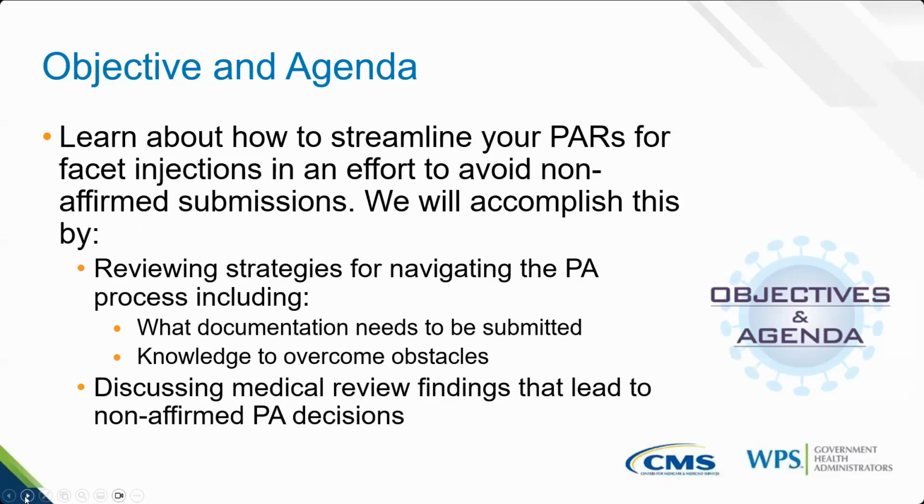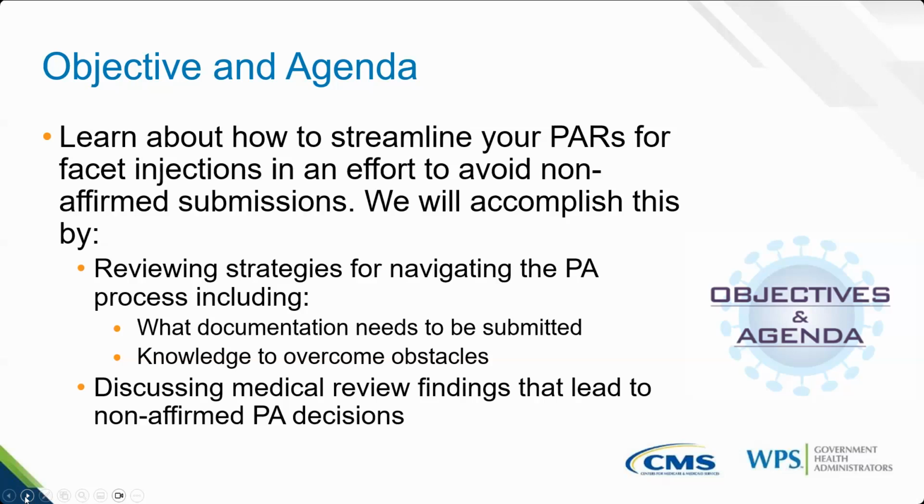Now, this was yesterday's objective and agenda, and I'm going to reuse it again because it's pertinent to what we're doing today. By using live documentation examples, I want to help you to be able to streamline your prior authorization requests for Facet interventions. We're going to accomplish this today by actually looking at documentation in the form of live examples and comparing that to the requirements for the prior authorization requests for your Facet interventions.